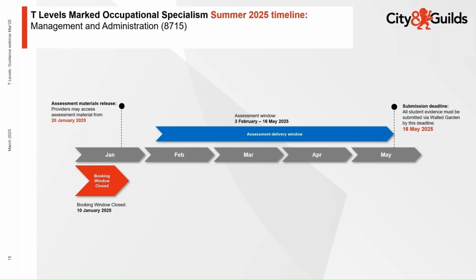So the booking window and assessment materials were released back in January, and we're partway through the assessment window. Walled garden evidence management has been open since the 3rd of February for you to begin uploading your evidence in readiness for the submission deadline of the 16th of May, as you can see on the slide there. So all your management and admin occupational specialism evidence should be complete and fully uploaded by that deadline of the 16th of May.